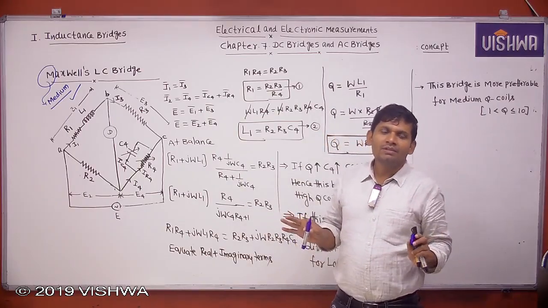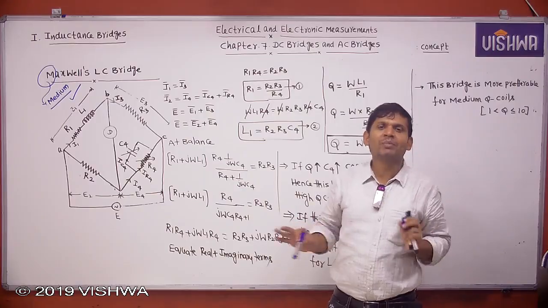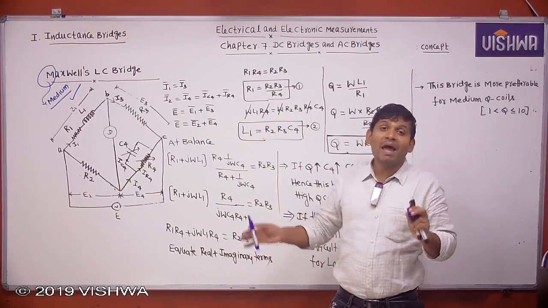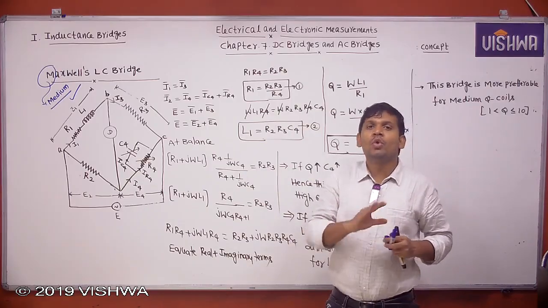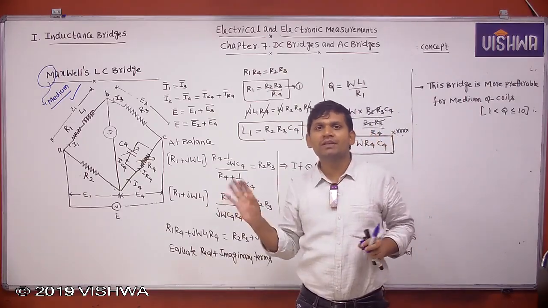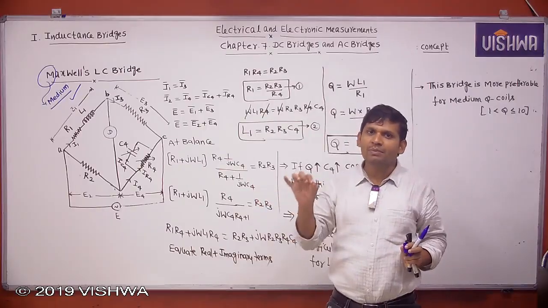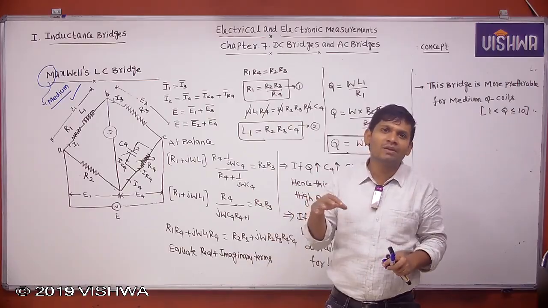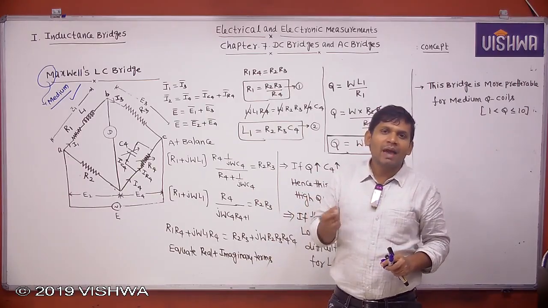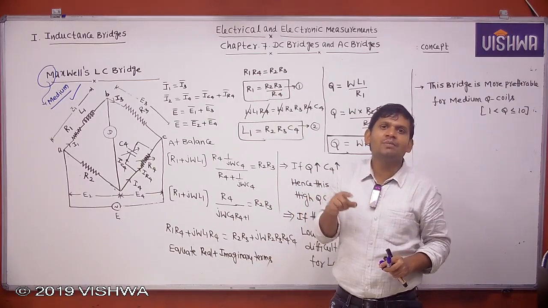Clear? Simply, Maxwell's bridge is used for medium Q coils. But in that, which bridge? Maxwell's LC bridge only. We don't use Maxwell's inductance bridge. Maxwell's bridge means it may be Maxwell's inductance bridge and Maxwell's LC bridge, but only Maxwell's LC bridge you can use.